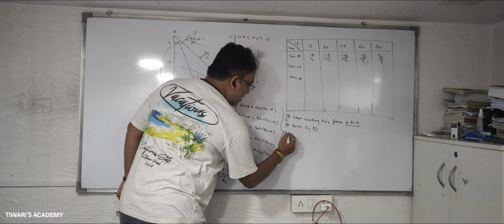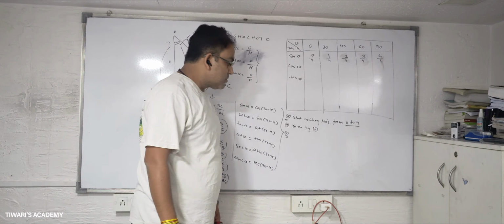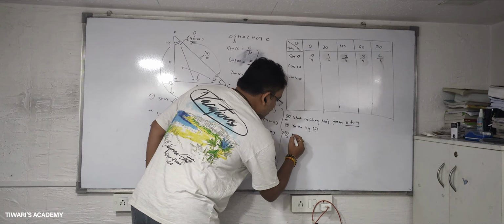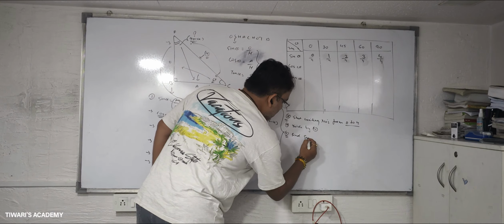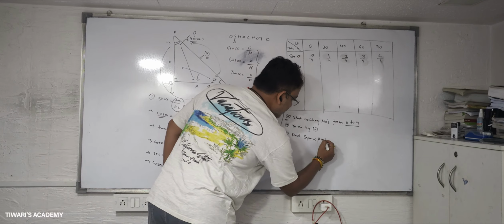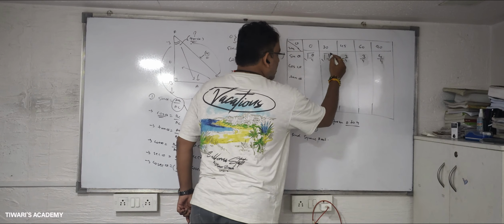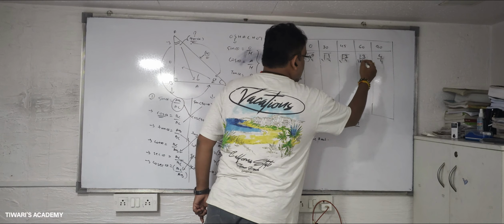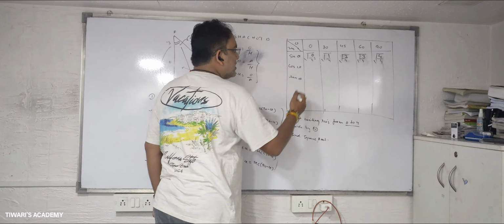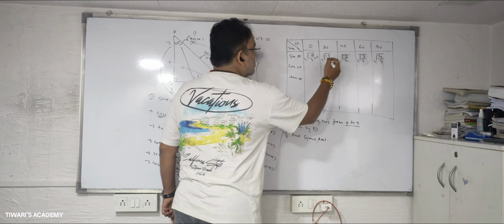Third step, find the square root of the entire set of numbers. I will find the square root of each of the values. Let's see what we get. Now 0 upon anything is always 0. Root of 1 upon 4 is 1 by 2.